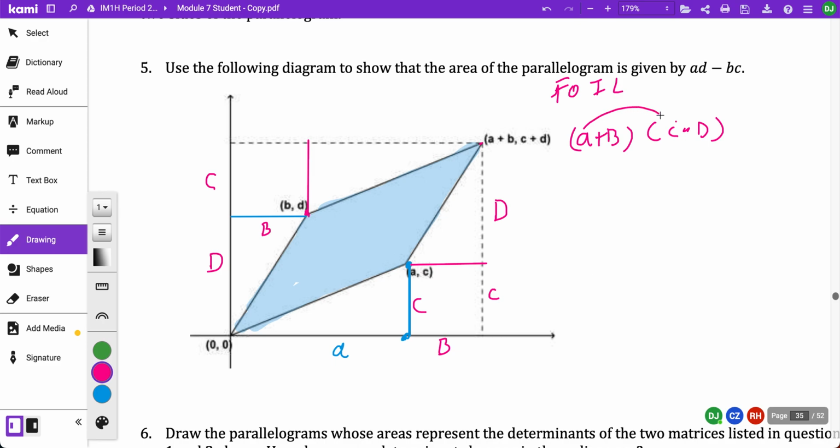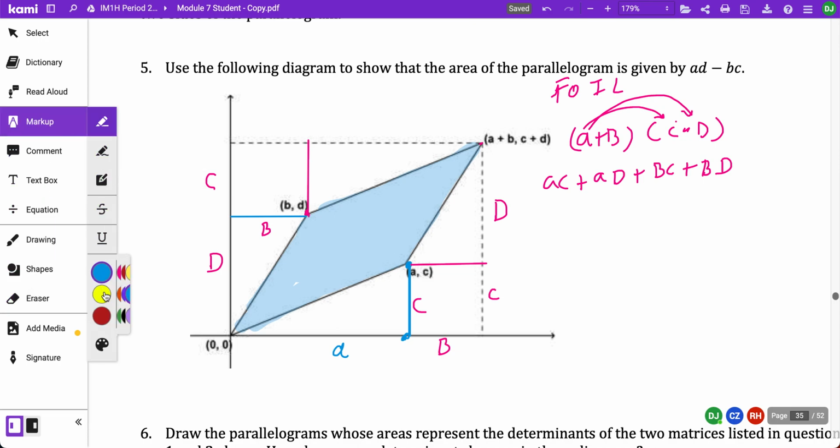So we're going to take A times C, so that's AC, plus A times D, plus B times C, plus B times D. That is the area of the entire rectangle. I keep saying square, but the entire rectangle. That's all of this.